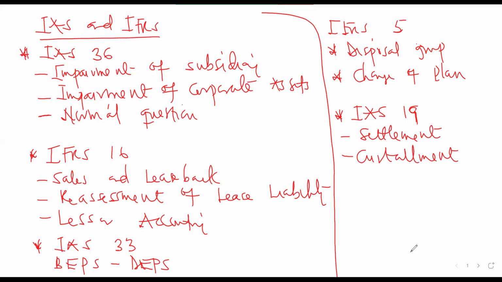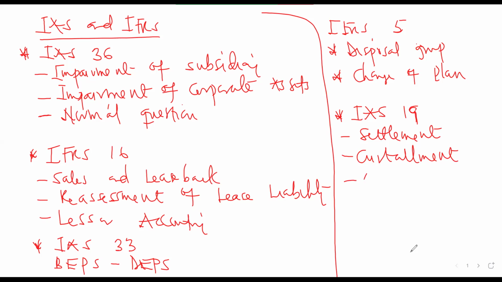So we are now reducing the number of employees purposely to reduce the pension obligation. We are doing restructuring. Why are we doing the restructuring? We are laying some people off with the mindset of reducing our pension obligation. The reduction in the pension obligation as a result of reducing the number of employees is what we call the curtailment. It can be a gain or it can be a loss.